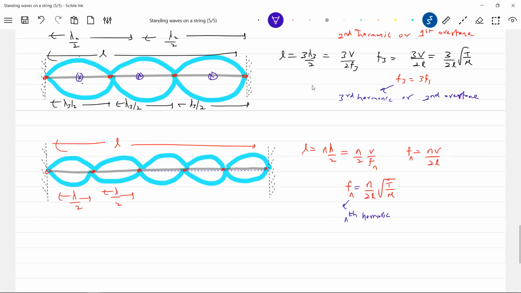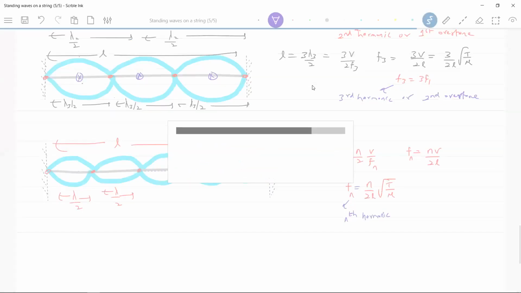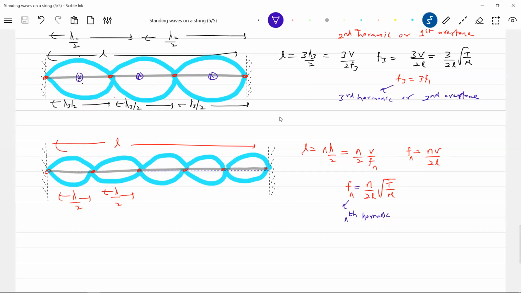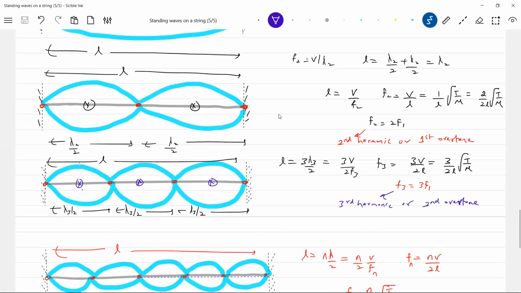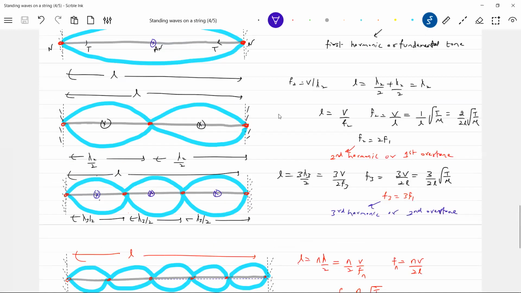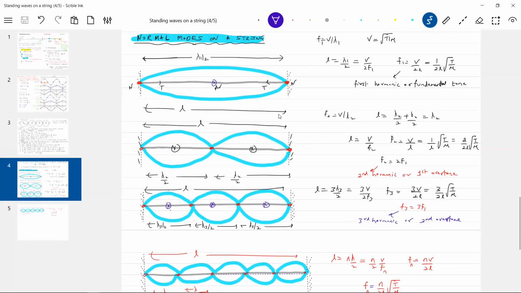Now look at this. This wire will vibrate, and these are the natural frequencies of vibration of the wire. Natural frequency of vibration of the wire means if you strike at the midpoint of the wire, it will vibrate with this frequency only, not any other frequency.